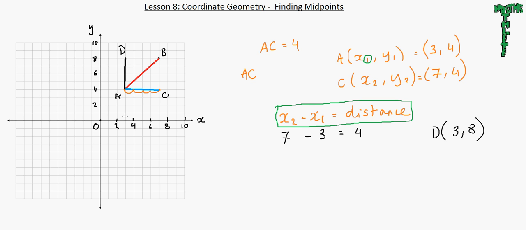So you go along 3 and you go up 8. And so that's its coordinates. So from A to D, what is the distance?